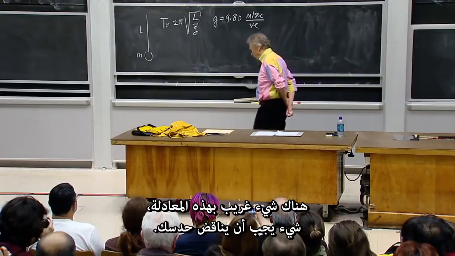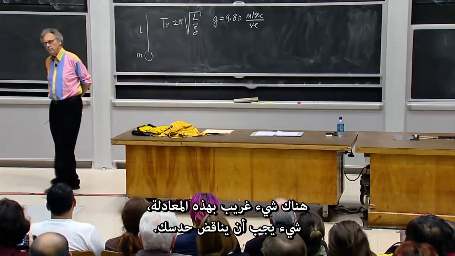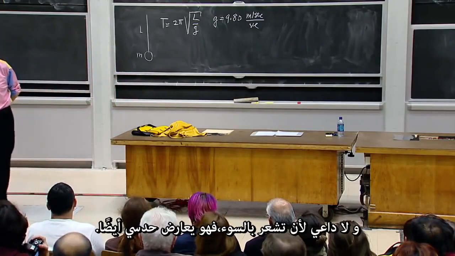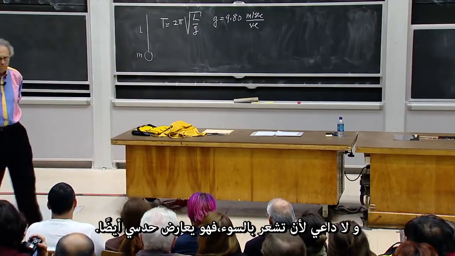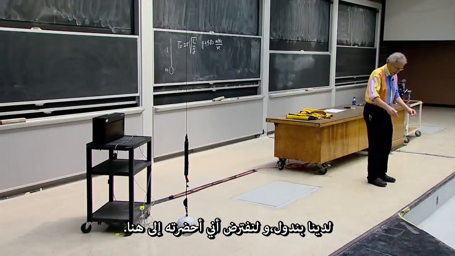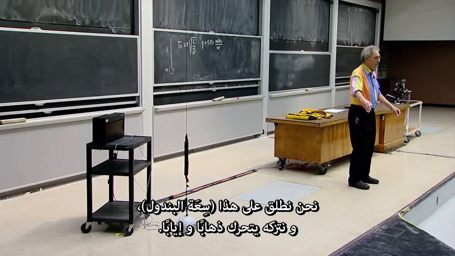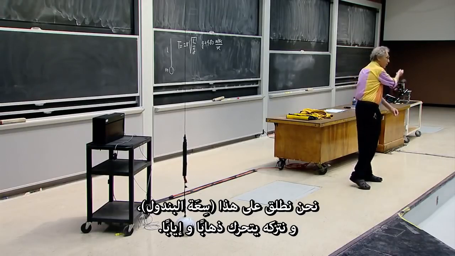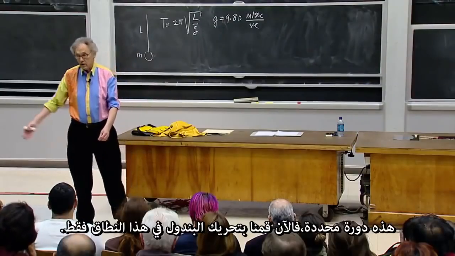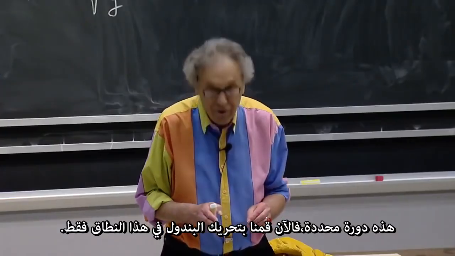There's something weird about this equation, something that must go against your intuition. You shouldn't feel bad, because it also goes against my intuition. Suppose I bring the pendulum all the way out here. We call that the amplitude of the pendulum, and we let it swing back and forth. There's a certain period. But now we bring it out only this far.